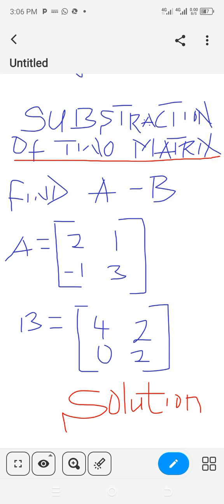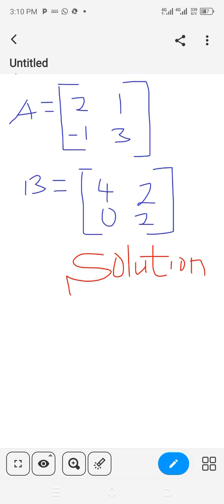Before we proceed, it is also important to note that the question says find A minus B. A minus B is entirely different from B minus A. So it is important to know how to represent the order of these matrices. The question says A minus B. Now let's answer the problem at hand.